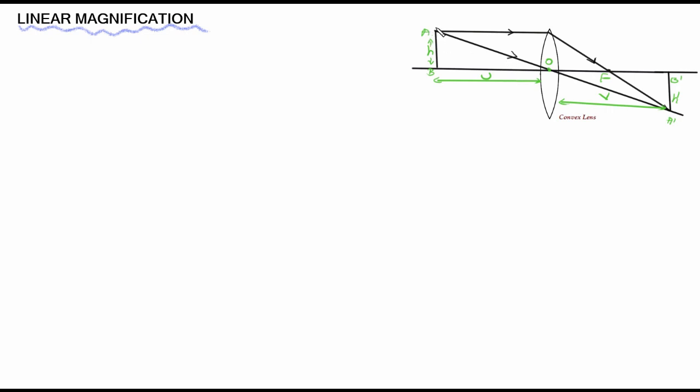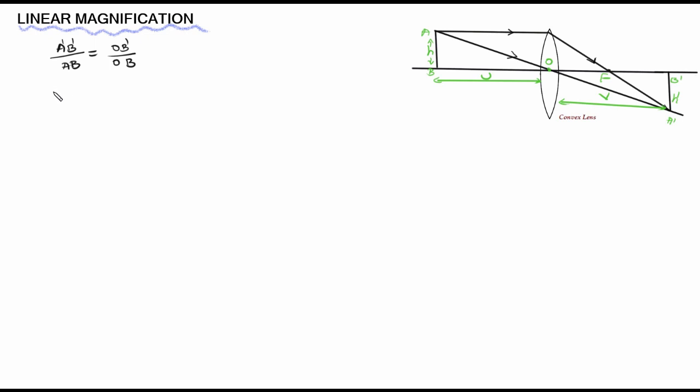So, as you can see, A, B, O and A dash, B dash, O are similar triangles. We had already discussed the ratios of the corresponding sides of the similar triangles are equal to each other. So, I can write here A dash B dash divided by AB is equal to OB dash divided by OB.